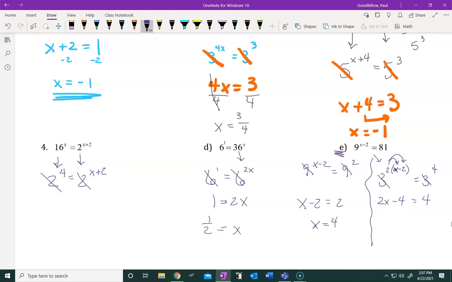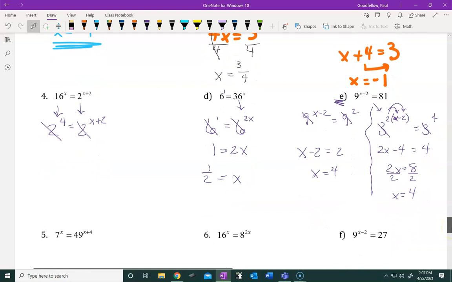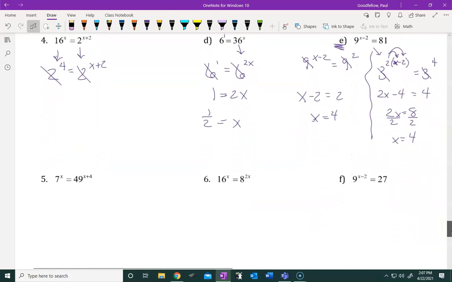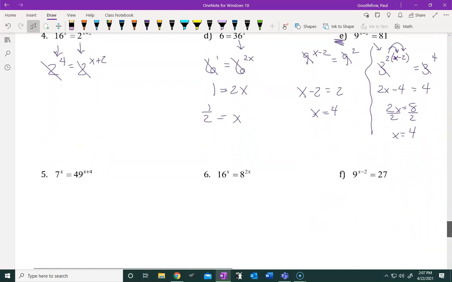And if I added that to the other side, I get 2x is equal to 8. And if I divide it by 2 on each side, check it out. It's exactly the same answer. So as long as you're consistent in making your bases match each other, you should be just fine on how they come out. So I would say go for the one that seems like the easiest variety to match.